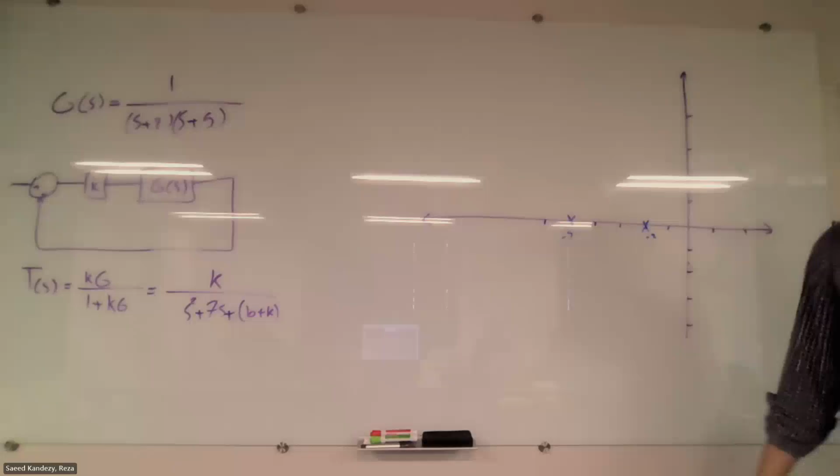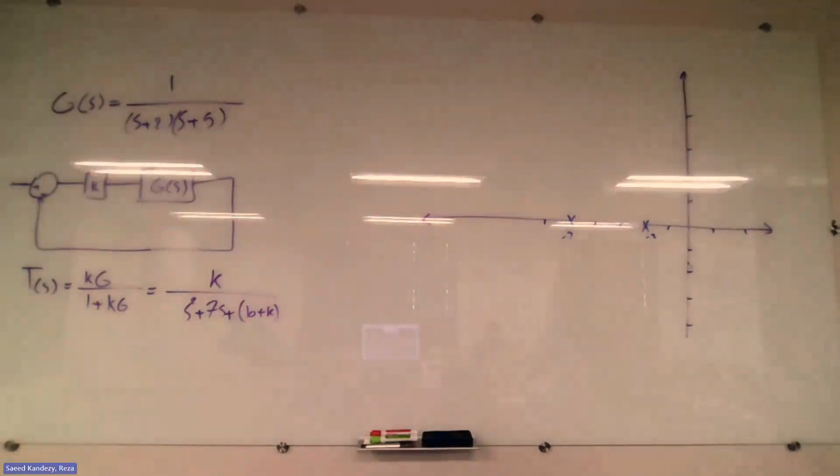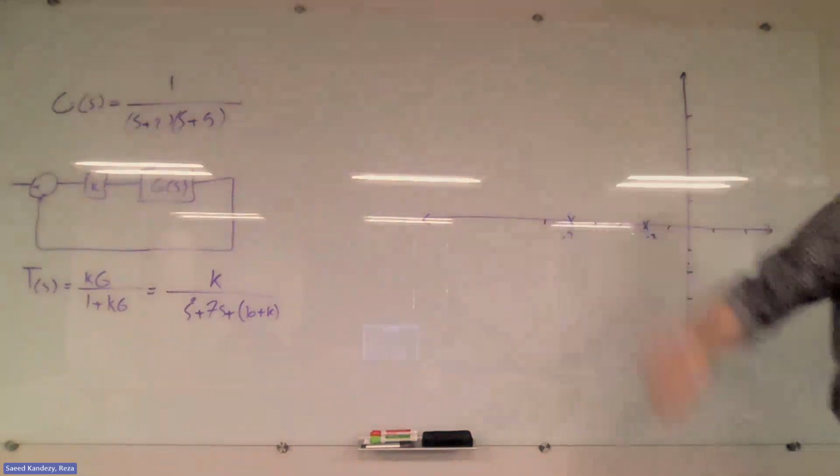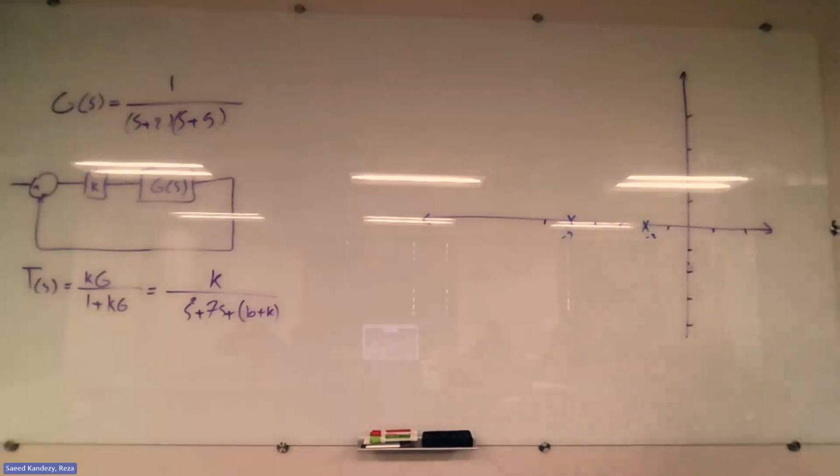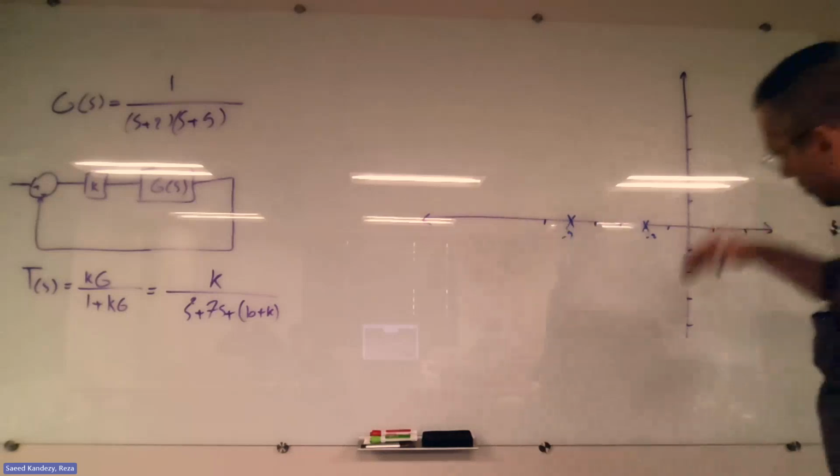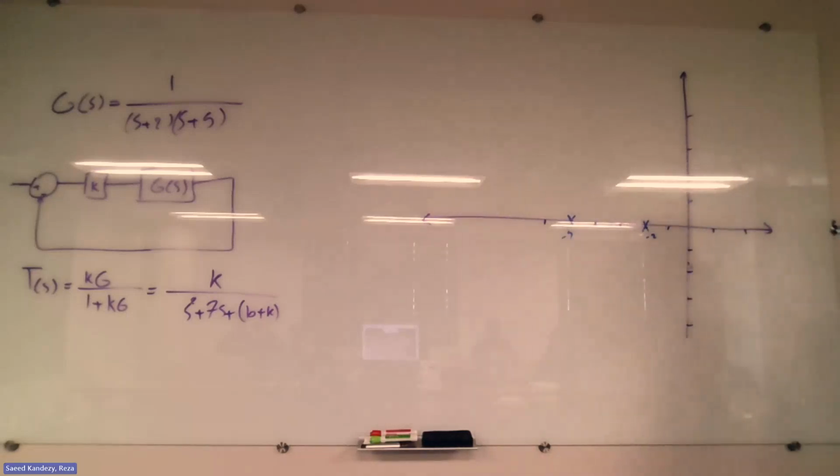S plane. Now, next step was to find which portion of the real axis is part of our trajectory. And the rule was, for the negative feedback, if that section has an odd number of poles and zeros to the right of it, it is going to be in our trajectory.